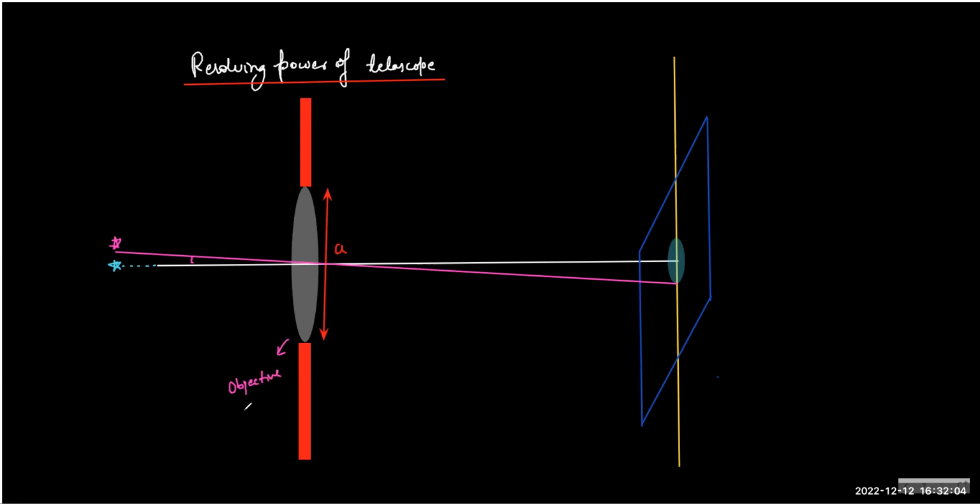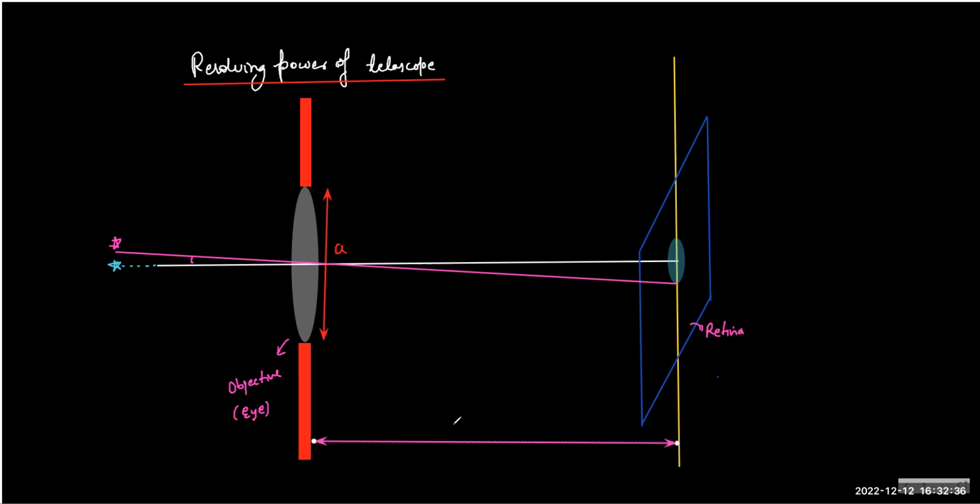In case of the human eye, the eye itself is the objective, right? Yes, sir. And the screen will act as the retina if you want to correlate. Yes, sir. Because the light rays coming from the star will be coming from infinity. That's the whole idea. And any beam of light coming from infinity will get focused on the focal plane of the lens. So this distance we keep as f.